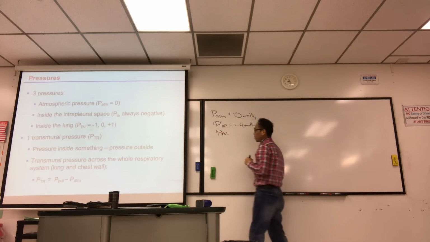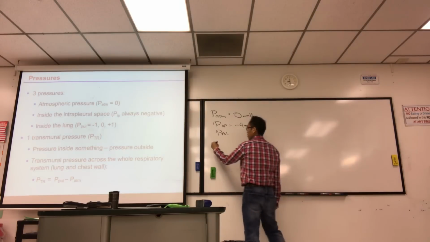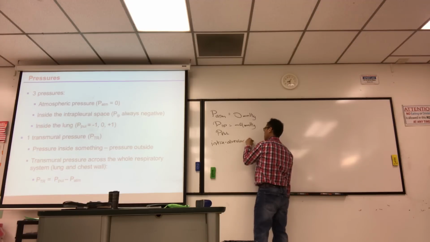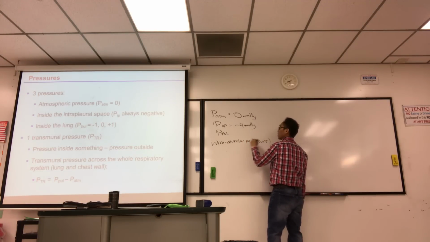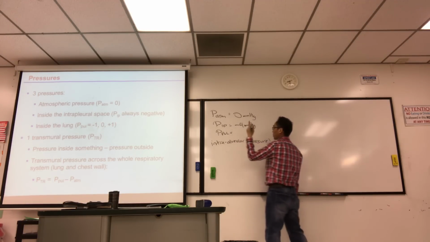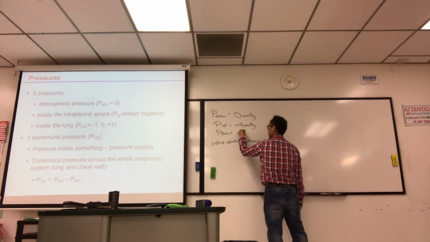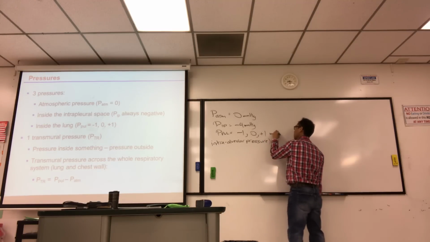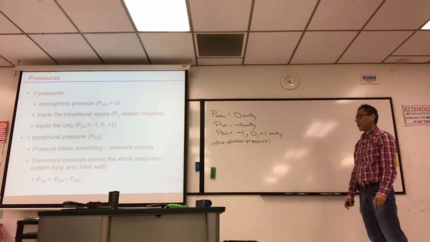Sometimes it's called the intra-alveolar pressure. It's the pressure literally inside the alveolar space. Now, I can't put a single number to it. It changes with breathing, between -1, 0, +1 millimeters of mercury.